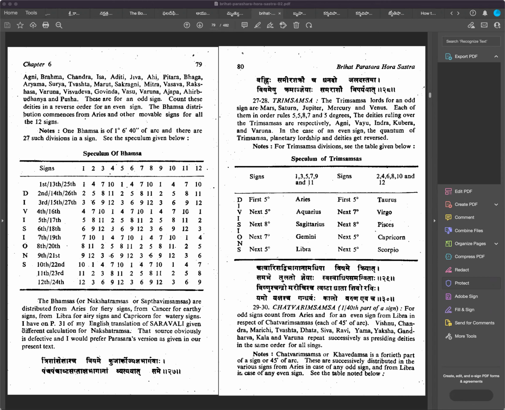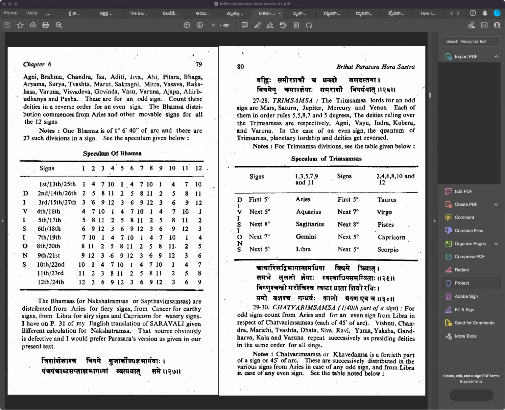The Bhamsas, the Nakshatramsas or Sapta Vimshamsas are distributed from Aries for fiery signs, from Cancer for earthly signs, from Libra for airy signs, and Capricorn for water signs.